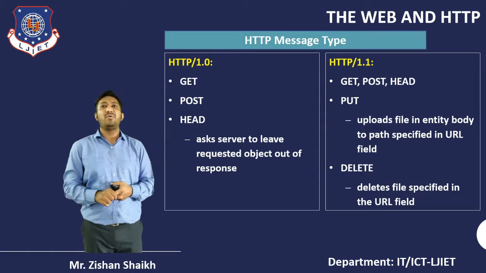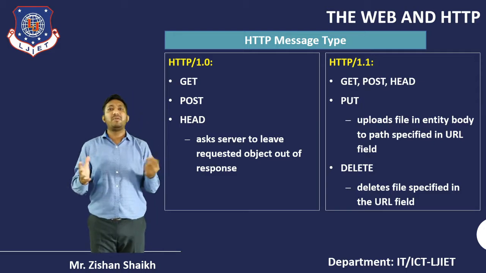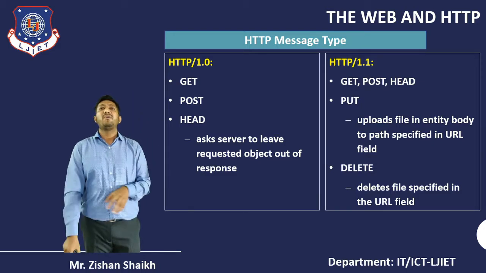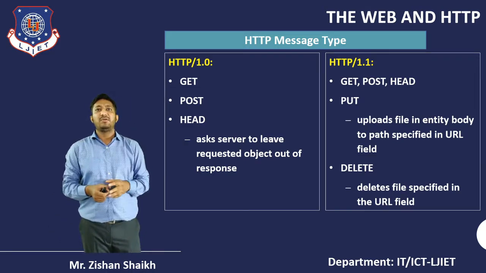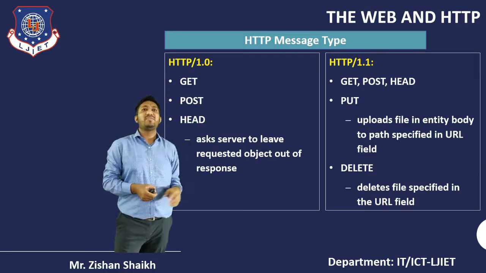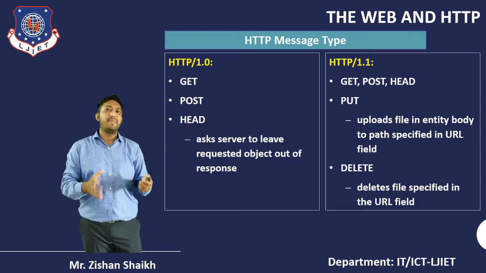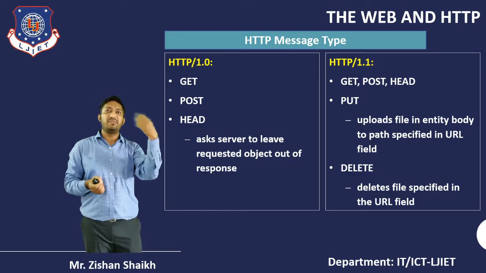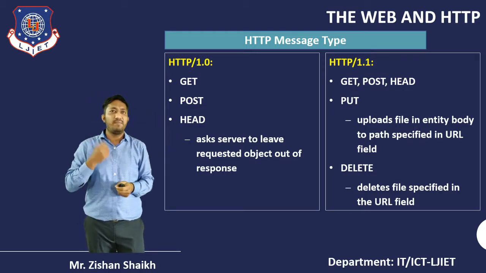So basically, I already said the GET method is a type of message. Which other methods are used by HTTP? Up to HTTP 1.0 we use the GET, POST and HEAD methods, whereas HTTP 1.1 uses GET, POST, HEAD, PUT and DELETE, a number of message types. When we are requesting, we use GET. When we are sending data, we use the POST method.